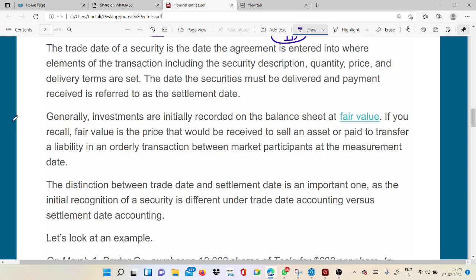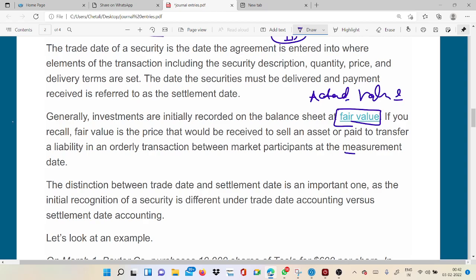Generally, investments are initially recorded on the balance sheet at fair value. This is also important. Fair value means actual value. If you recall, fair value is the price that would be received to sell an asset or paid to transfer a liability in an orderly transaction between market participants at the measurement date.